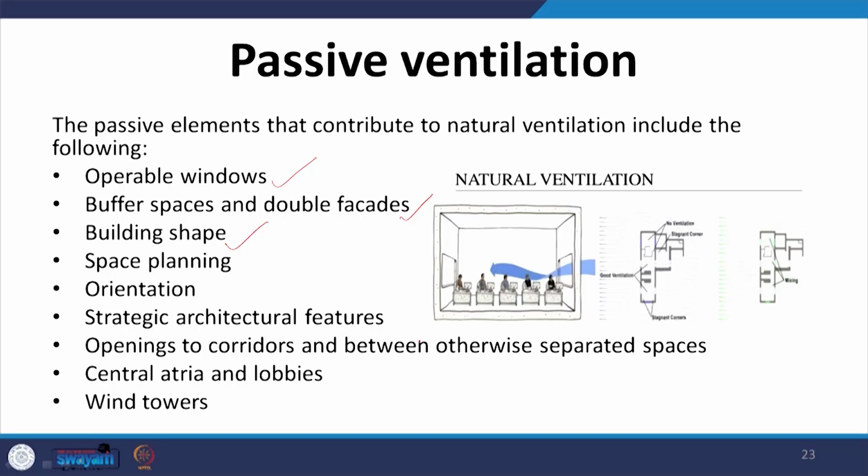Then strategic architectural features such as vegetation, opening to corridors, central atrium, which is one of its kind is courtyard, which is open to sky, and wind towers. Wind towers are often a very interesting means of inducing passive ventilation.